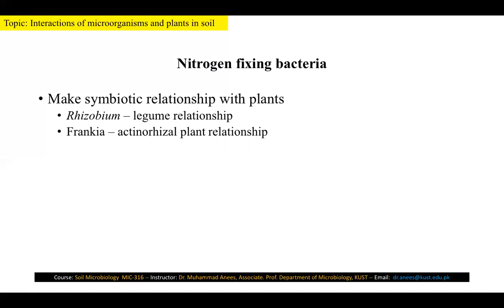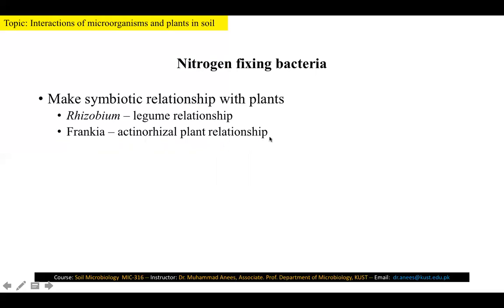There are two types of nitrogen fixing bacterial relationship between plant roots and microorganisms. One is the rhizobium legume relationship, and the other one is the Frankia actinorhizal plant relationship.